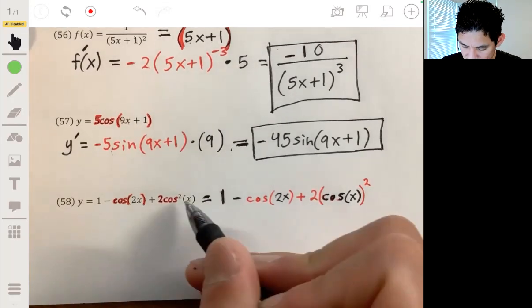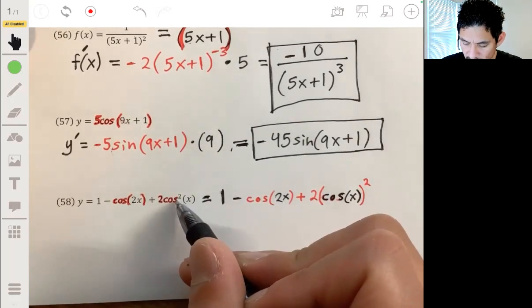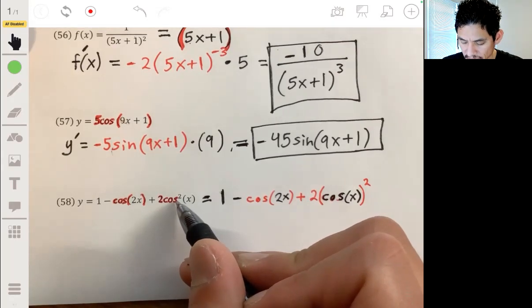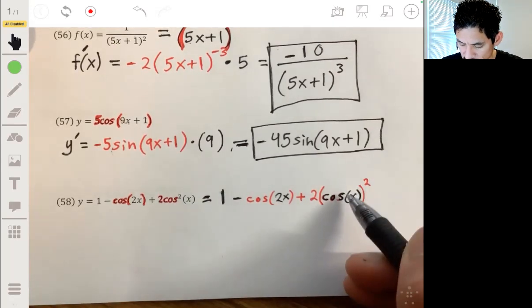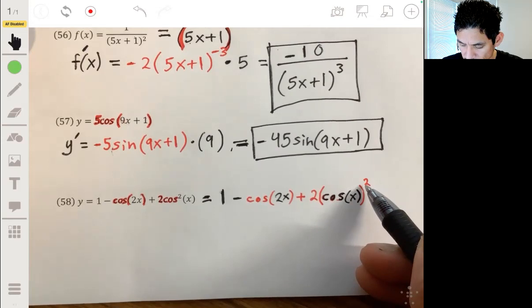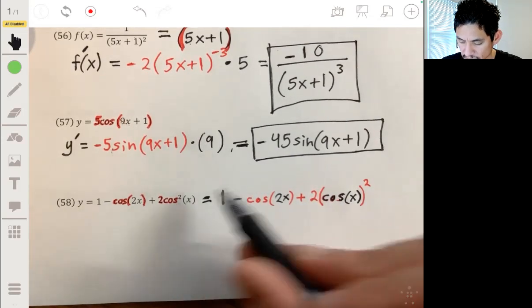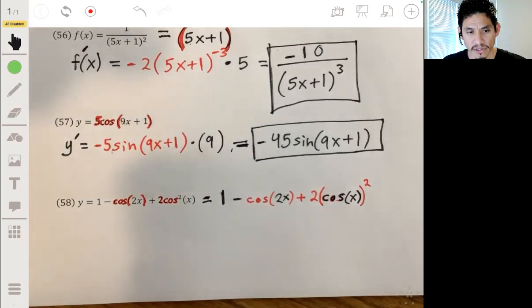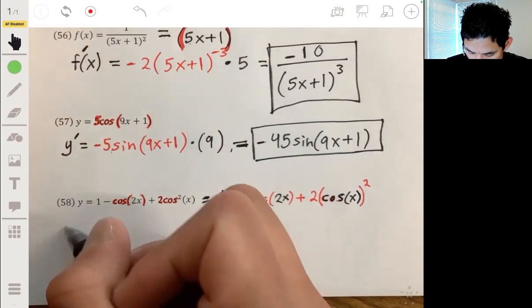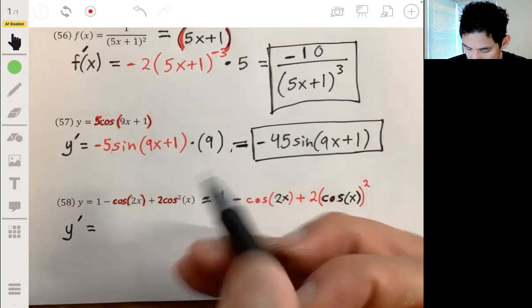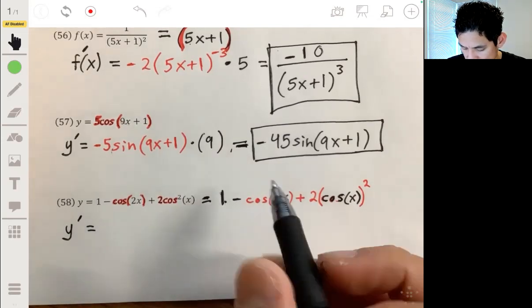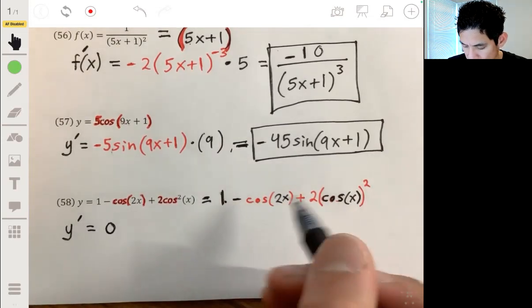So again, this one can throw you off because you may think, oh, my outside function is a cosine function, but the outside function is really the power function. That's all this is. This is the cosine of x times the cosine of x. So let's go from here. So here we go, y prime. The derivative of 1 is just 0, so it just doesn't matter.